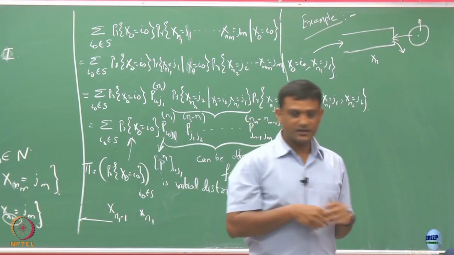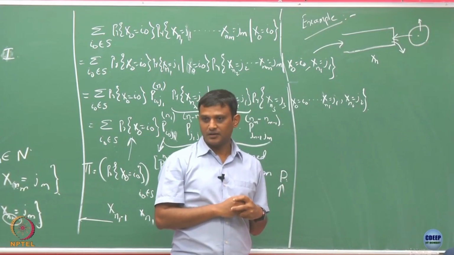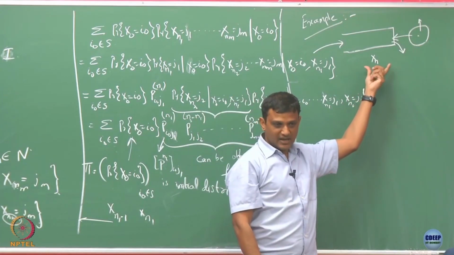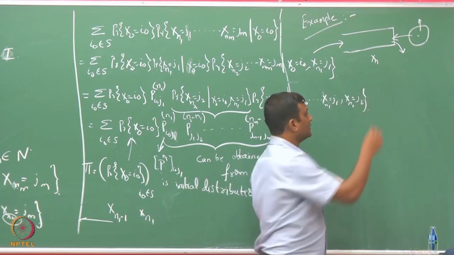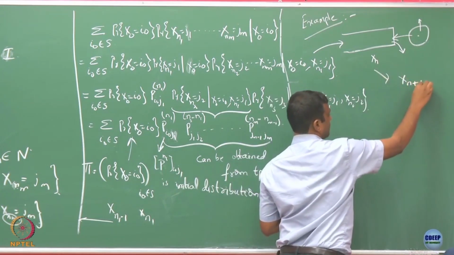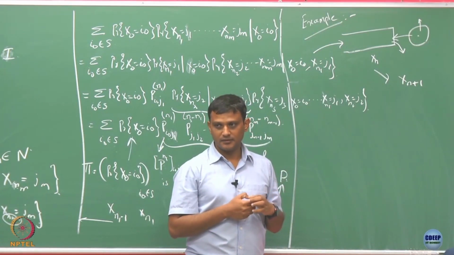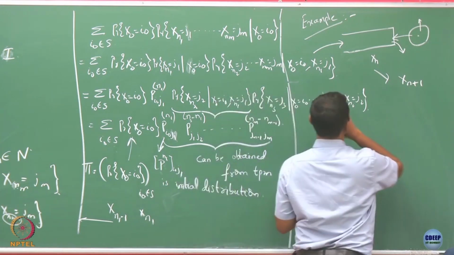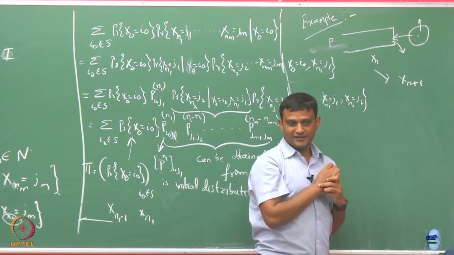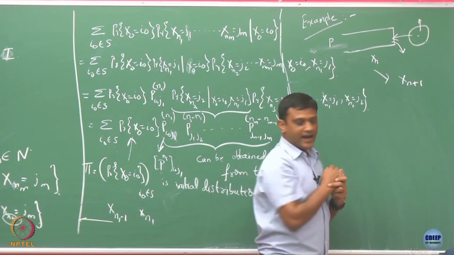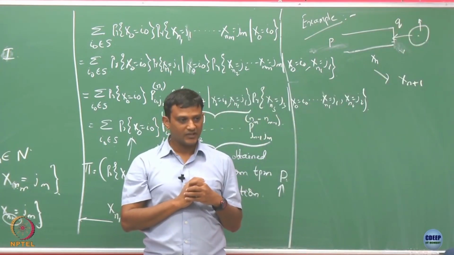Now suppose you know the description of this stochasticity. At any time, if you know how many people are there in the system, can you at least say probabilistically what will be the next state of the queue? For the time being, let us say people are entering with probability q in every slot, and in every slot a guy gets served and leaves the system with probability q. Okay.